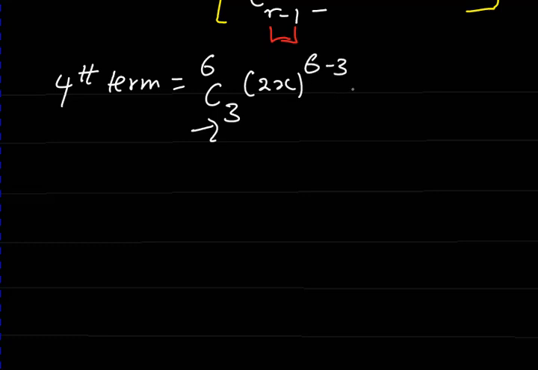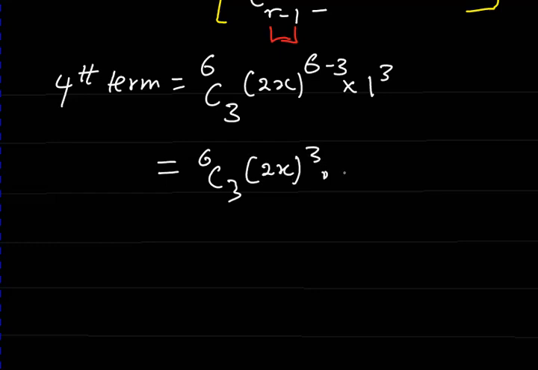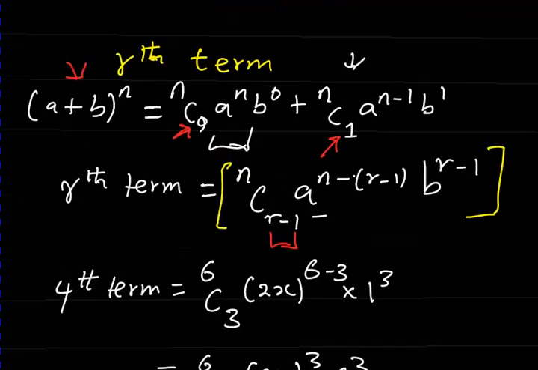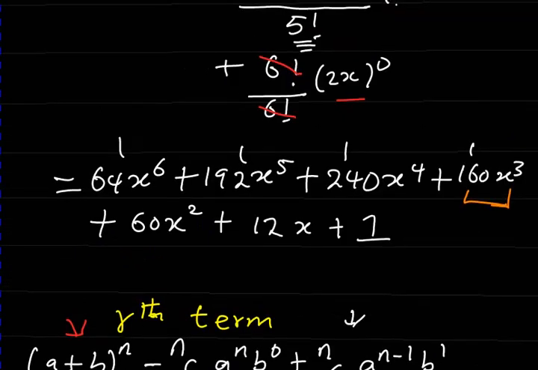Then of course our b is 1, multiplied by 1 raised to the power of the same thing, 3. So this is equal to 6 combination 3, then 2x raised to the power of 3, then multiplied by 1 raised to the power of 3.